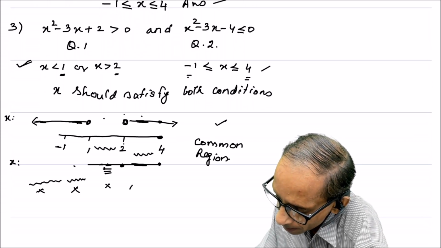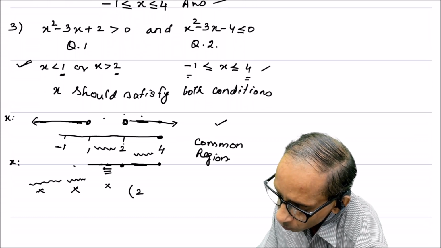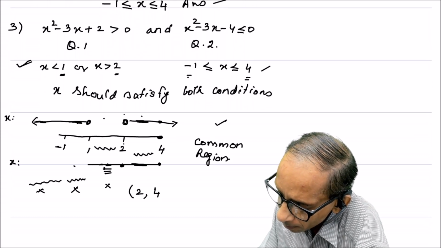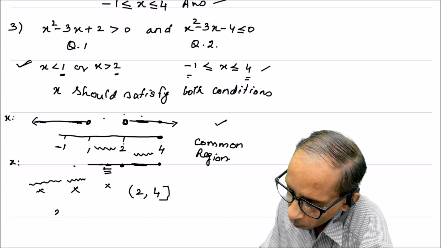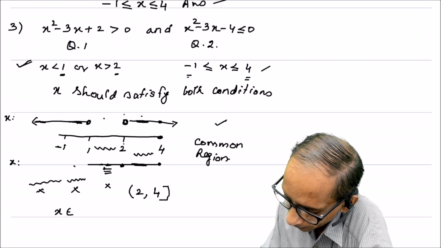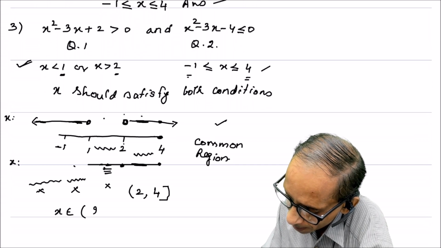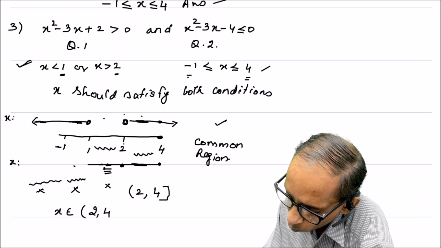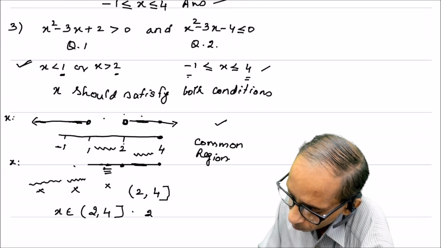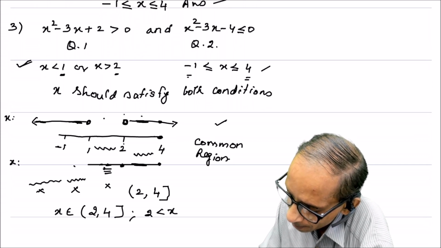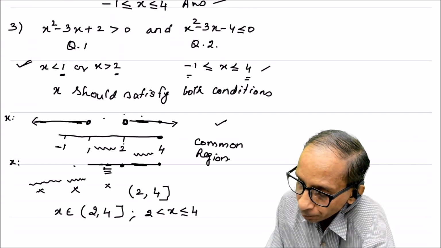So we can consider the region 2 till 4, that is this. So the acceptable region for us is ahead of 2 and till 4. We can also write it as 2 less than x less than or equal to 4.